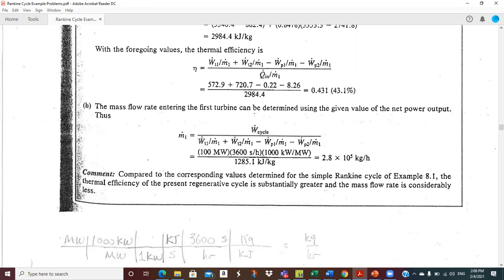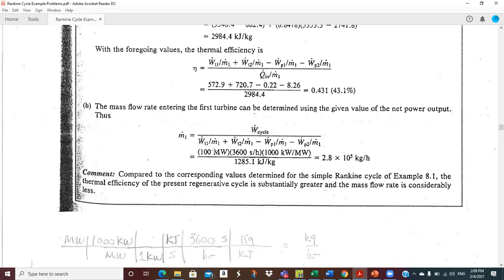Okay, that's kilojoules per kilogram on units. So that's what you get on this, all the math in the denominator down here. You know, when you add this and this and subtract this and this, you get 1285.1. And so that's the amount of net power per kilogram.